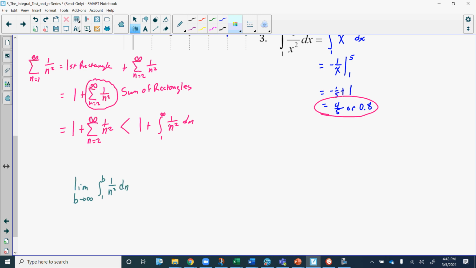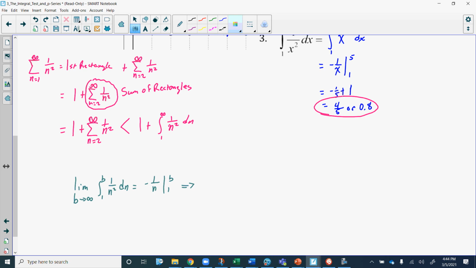Well, that is going to translate, when I do my antiderivative, to negative 1 over n, and we're evaluating it from 1 to b. I'm going to just keep going to the right here so I don't have to keep going down all the time.